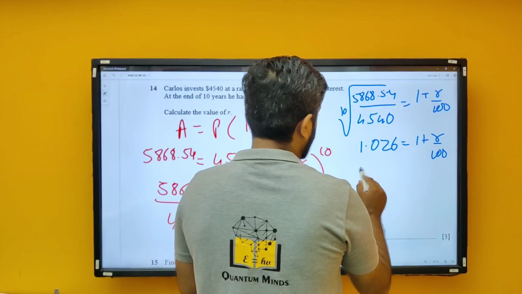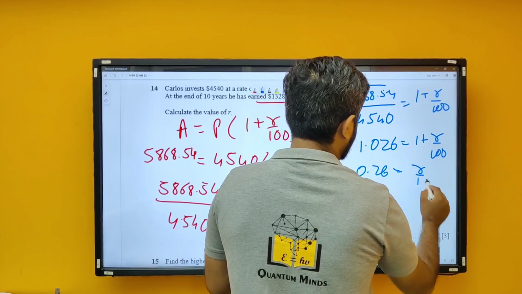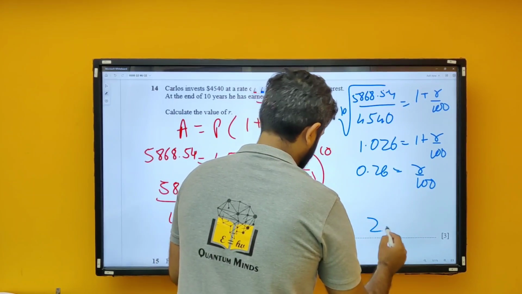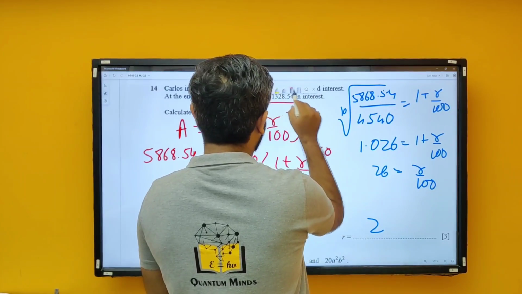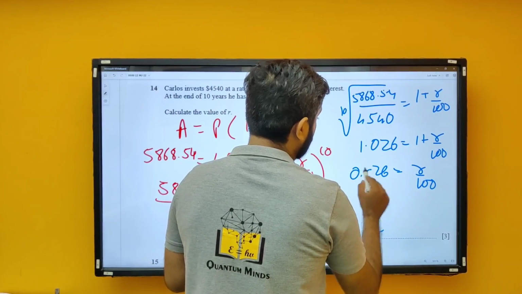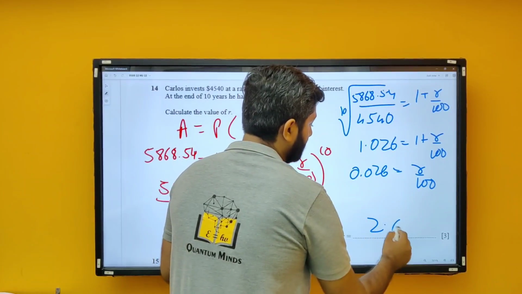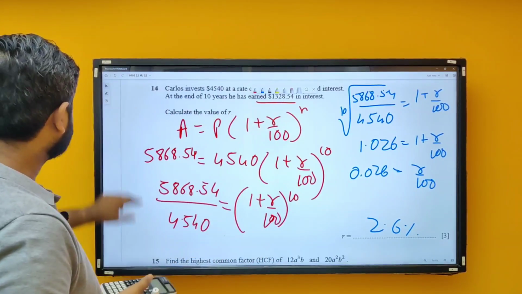Let me subtract 1. So I have 0.026 is equal to R by 100. So into 100 it is 2.6%. So the rate is 2.6%.